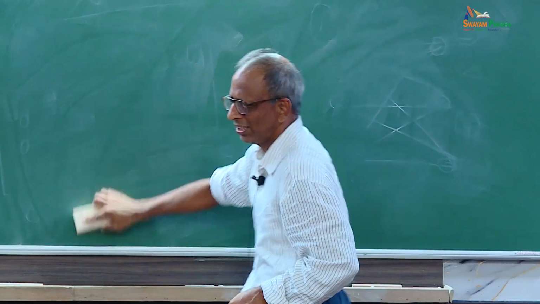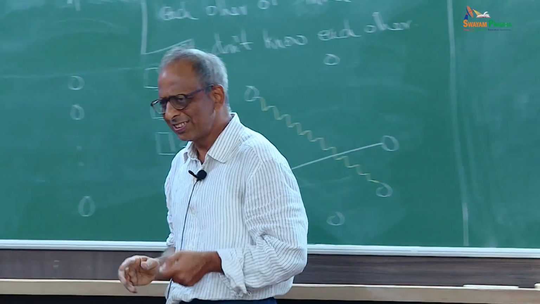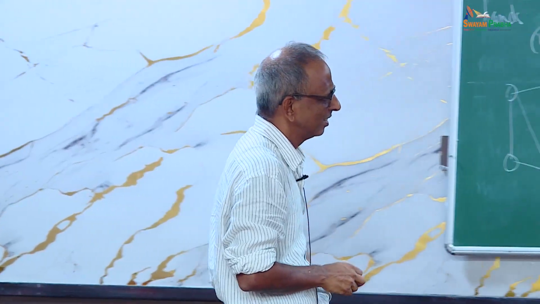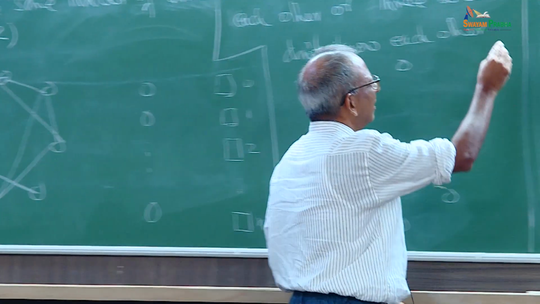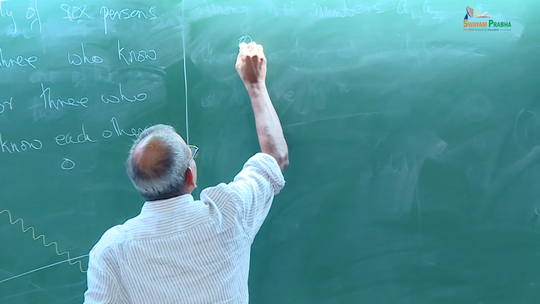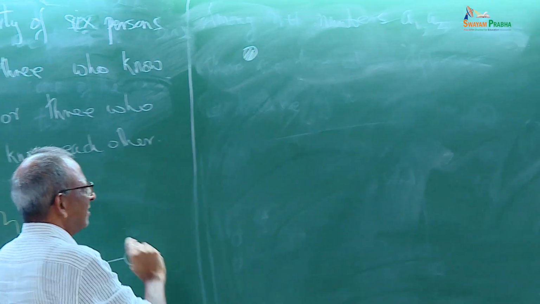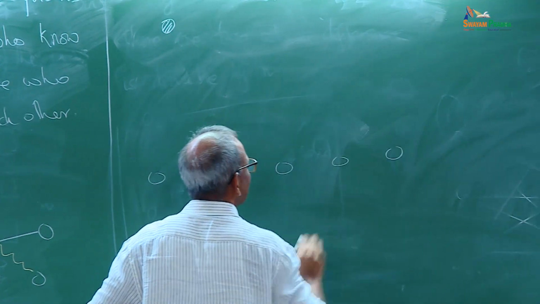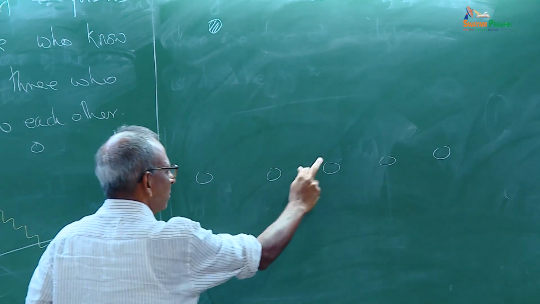All right. So I misled you, took you to the wrong side, but there's still pigeonhole involved. And what is the pigeonhole? There are 5 other vertices. 1, 2, 3, 4, 5.